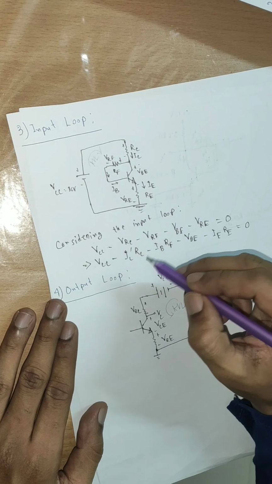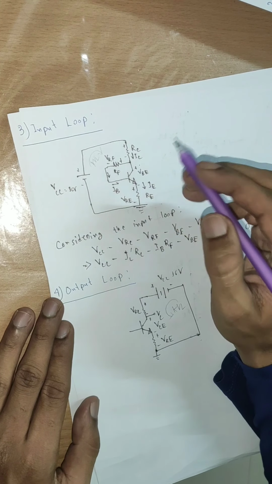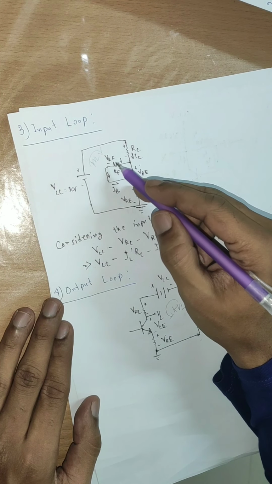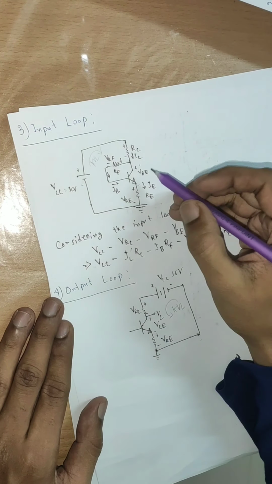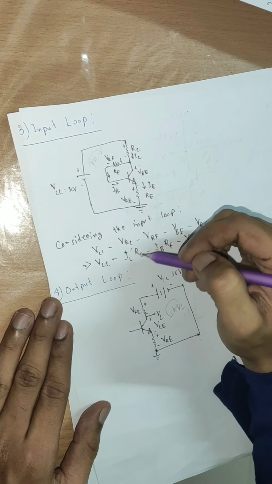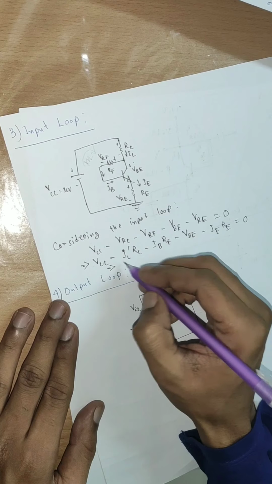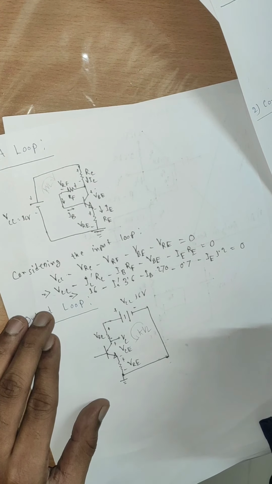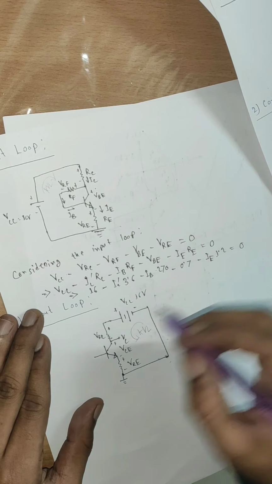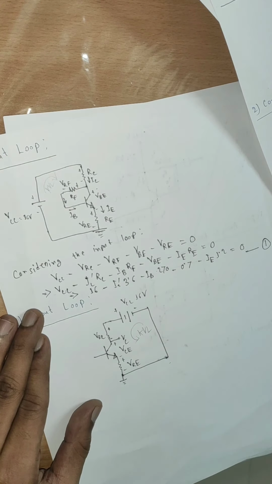So here we put IC prime because we can see here IC current is divided through the VRF and VBE. So for the moment we consider the current through the VBE is IC prime. So let's put the values now, in kilo ohms, equal to 0. Since there are three unknown variables, we can't solve it right now. So let's for the moment name it equation 1.